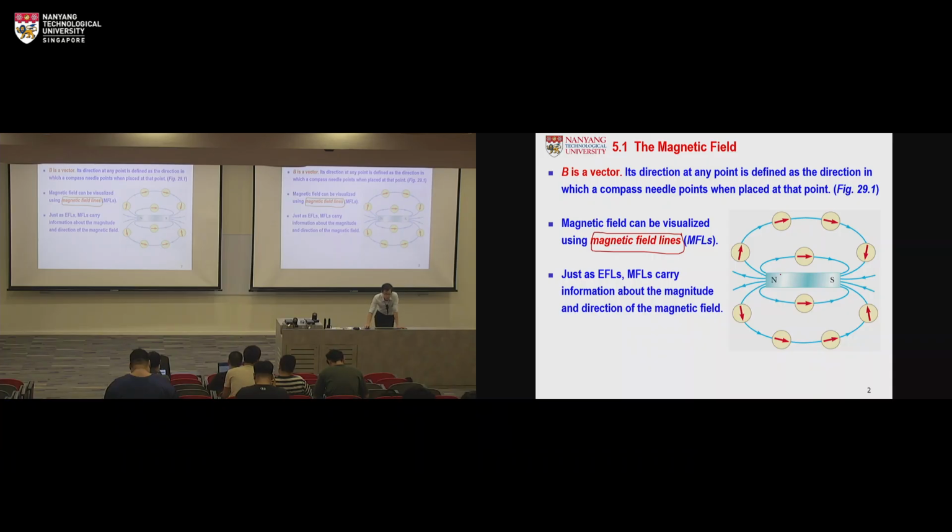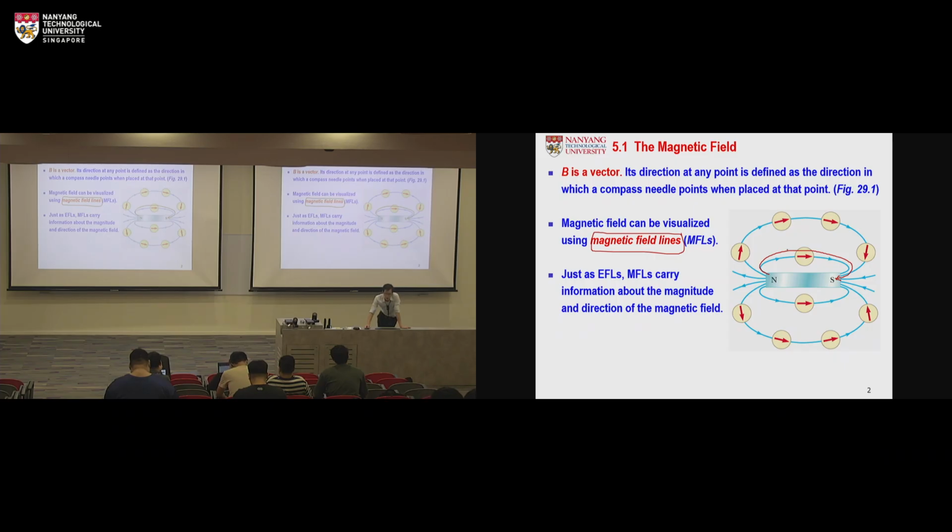Like here, for these magnetic field lines, first, they must start from N and end at S, the so-called north pole and south pole. When we discuss charge, it's positive and negative. When we discuss magnetism, these two polarities are the so-called north pole and south pole. So the magnetic field lines must leave the north pole and enter the south pole.